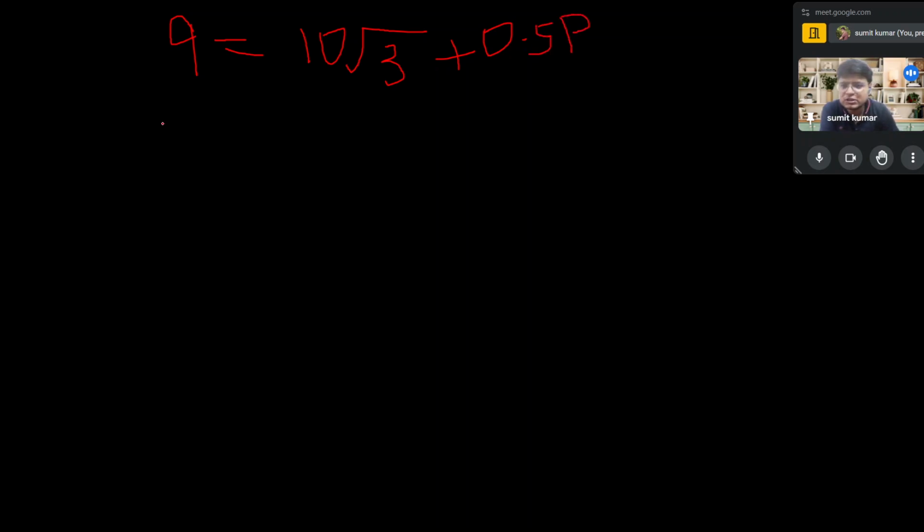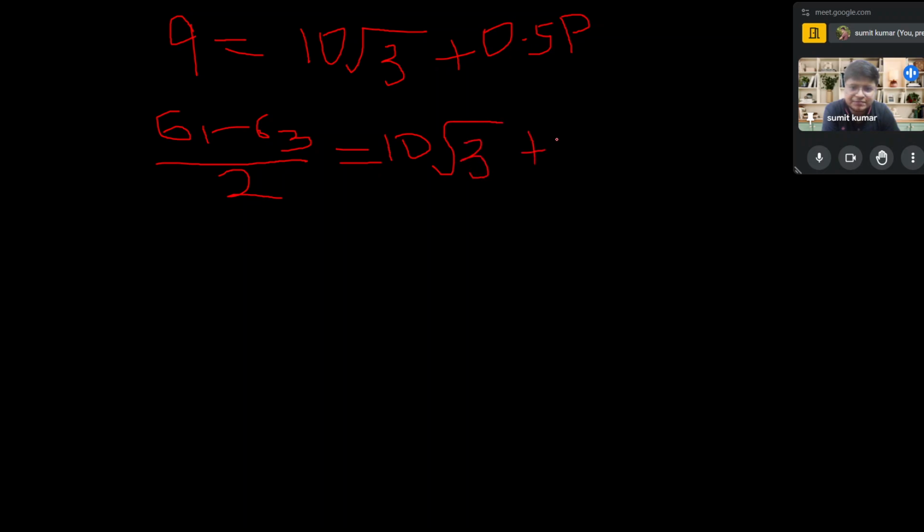And we know Q is equal to sigma 1 minus sigma 3 upon 2, equal to 10 root 3 plus 0.5 P, where P is nothing but sigma 1 plus sigma 3 by 2.